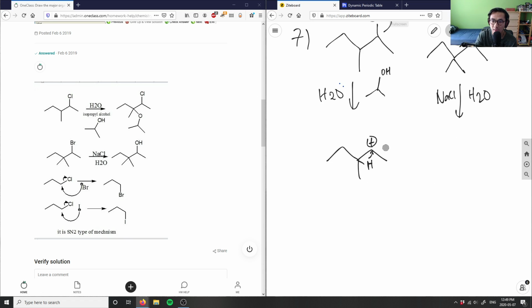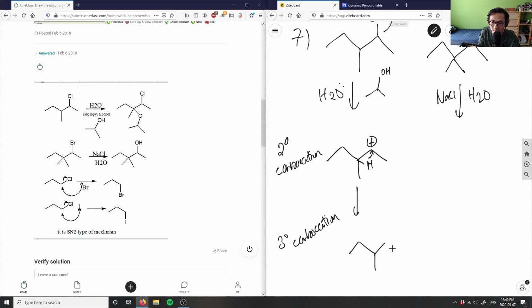Because currently here I have a secondary carbocation, but I can hydride shift it to make it a tertiary carbocation. This here is a secondary carbocation, and I want to make it a tertiary because it's more stable. Elements and compounds like to be more stable.